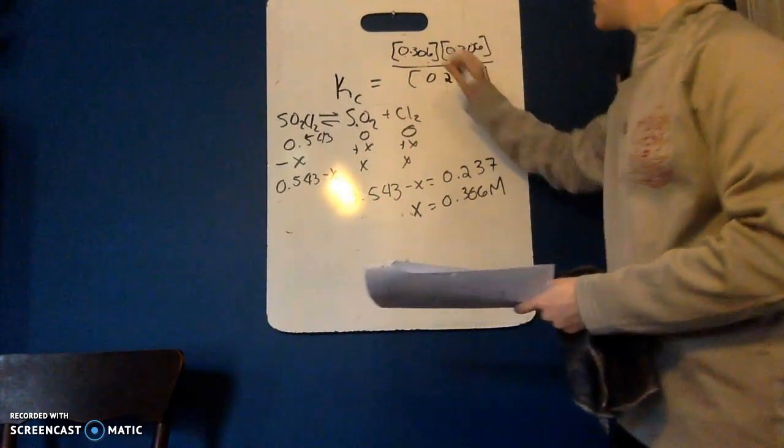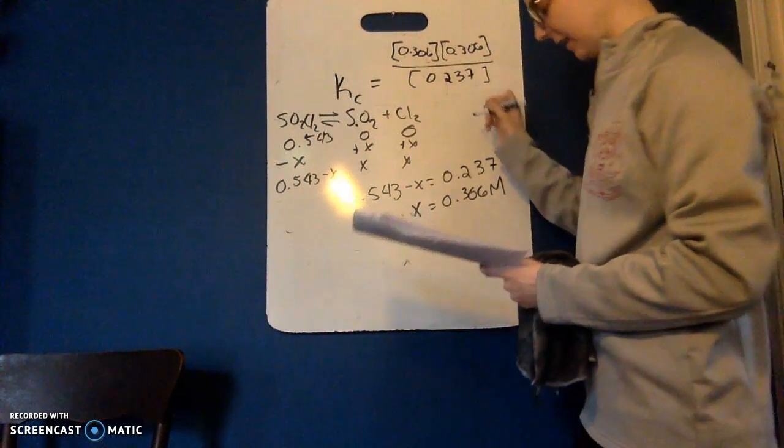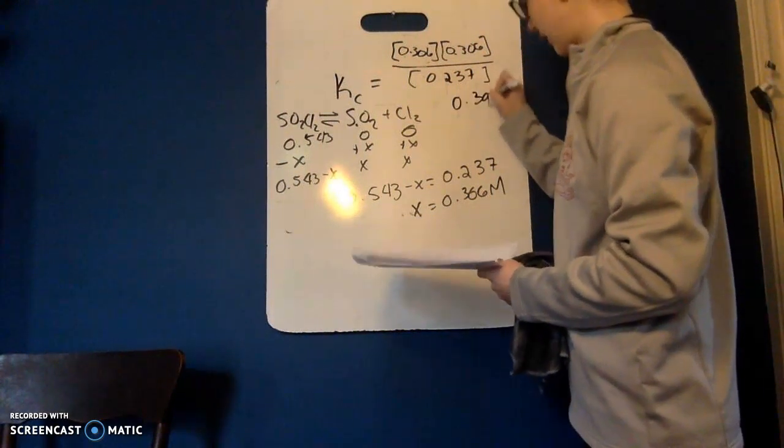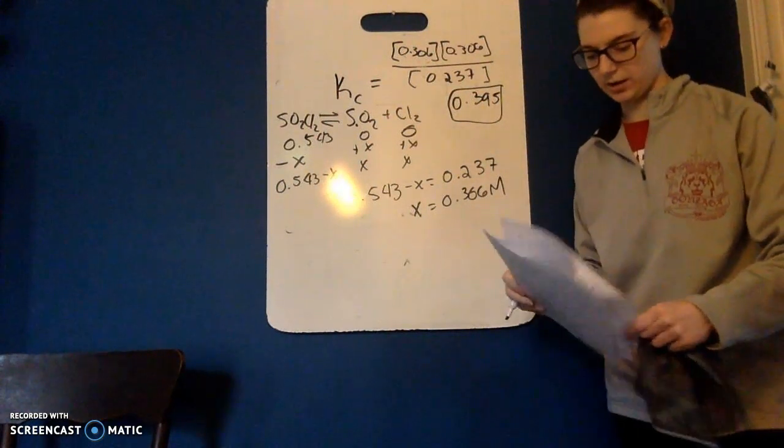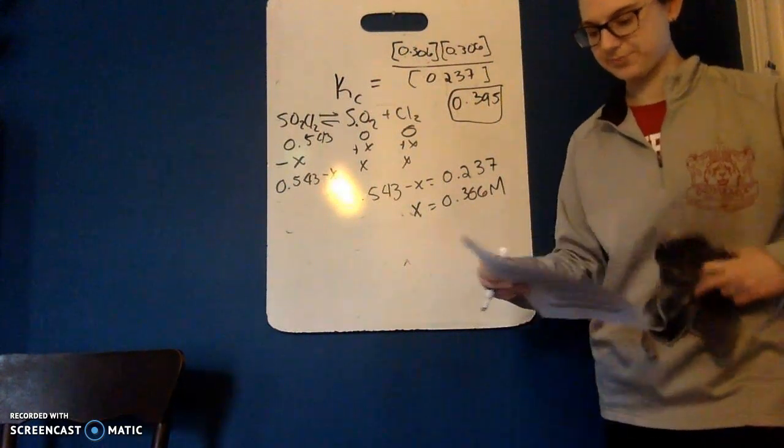There we go. Okay, so if you plug this into your calculator, you should get an answer of 0.395 for Kc, which again has no units because it is a constant value.